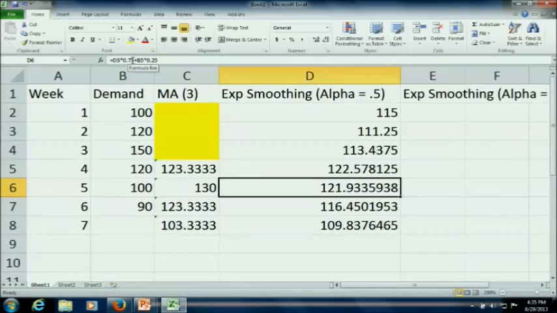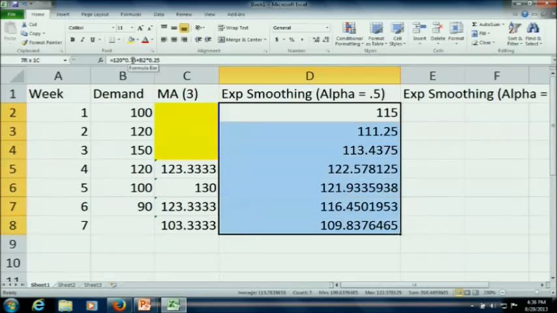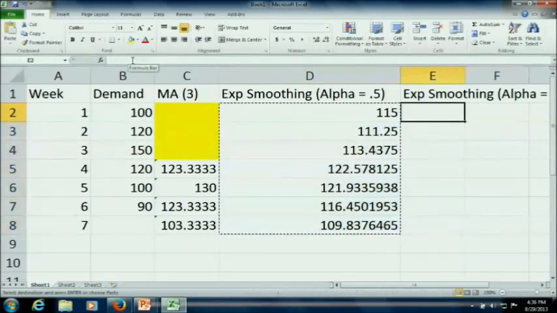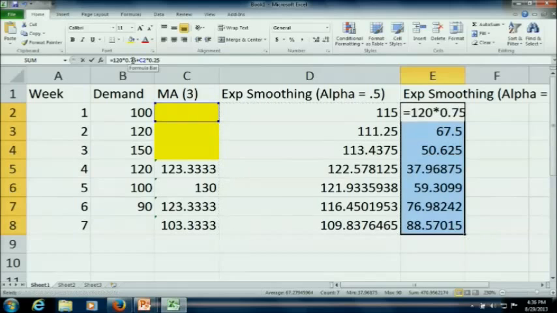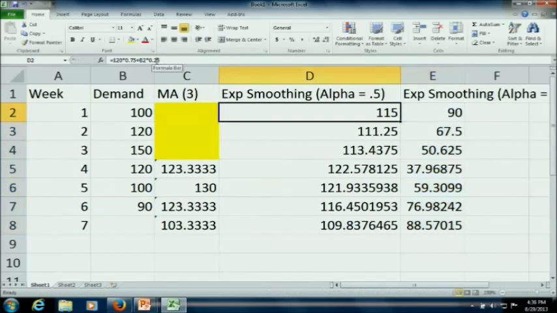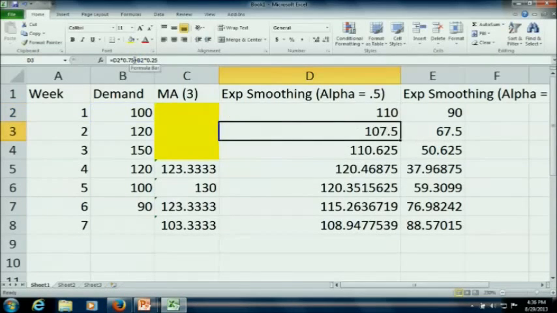Now the question is, what method's best, right? Is alpha 0.5 best or alpha 0.25? And I got rid of alpha 0.5. That's not good. So I'm going to have to put this back to alpha 0.5. Sorry.